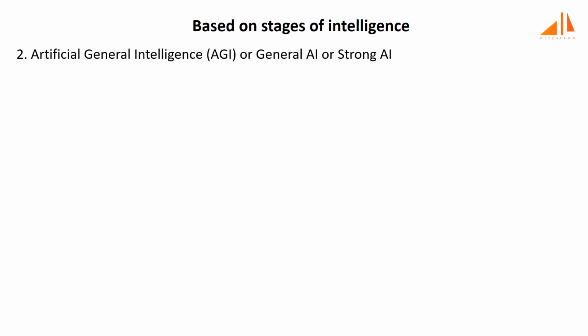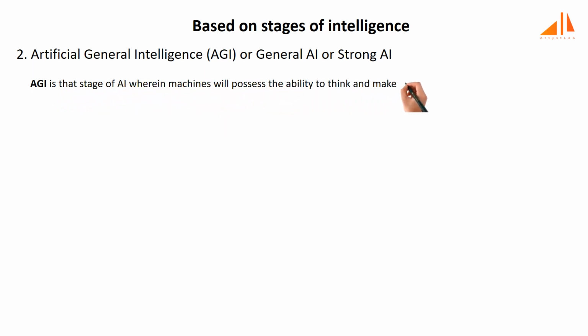Artificial general intelligence or general AI or strong AI is that stage of AI wherein machines will possess the ability to think and make decisions just like humans. It is also known as true AI because it is the next step towards more comprehensive machine intelligence.